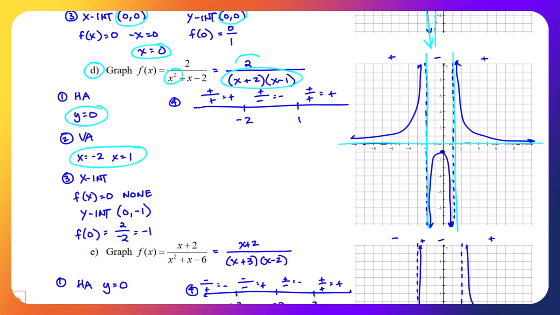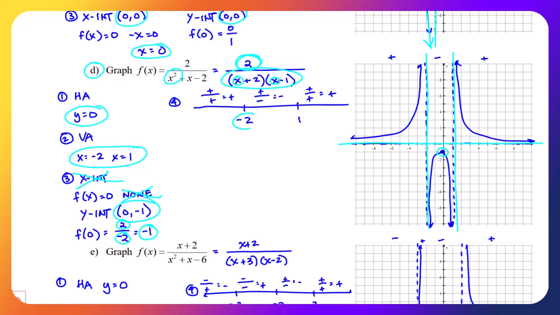Since the numerator is never going to be 0, we don't have any x-intercepts. When I plug in 0 for x to find the y-intercept, I get 2 over -2, which is -1, so the y-intercept is (0, -1).